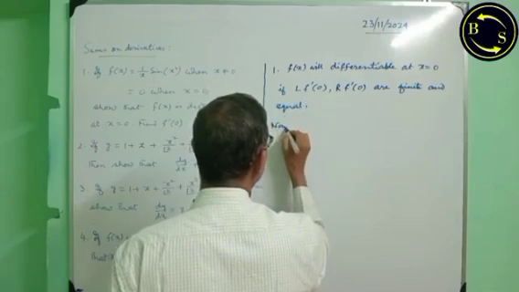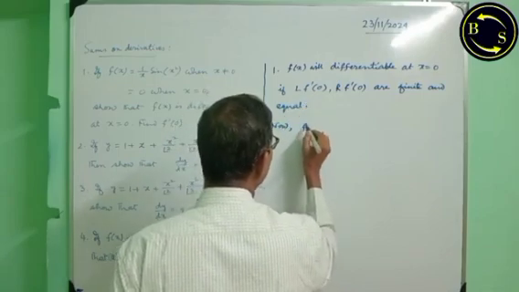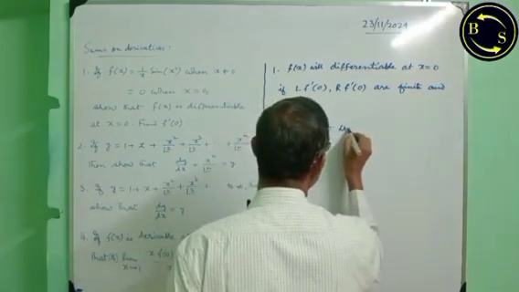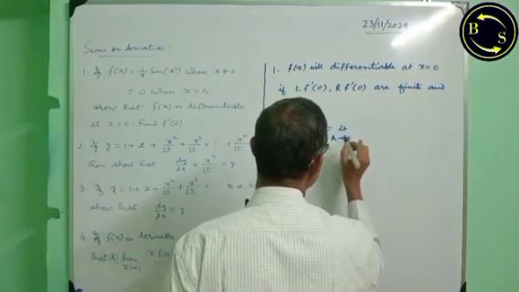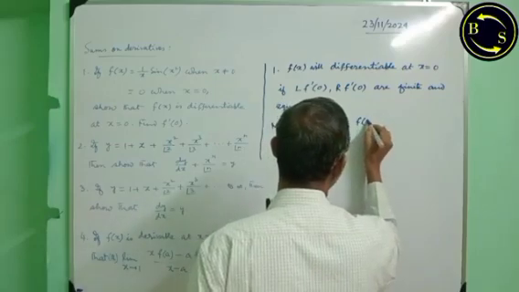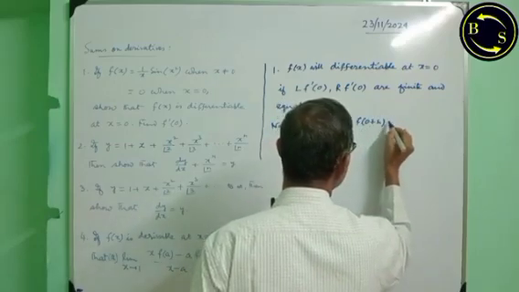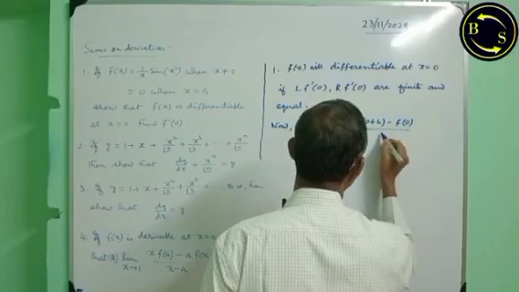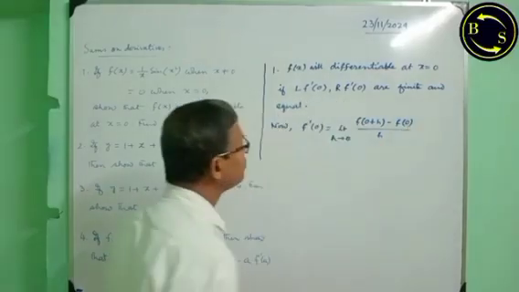Now, Rf'(0) is equal to limit h tends to 0 of (f(0+h) minus f(0)) by h.